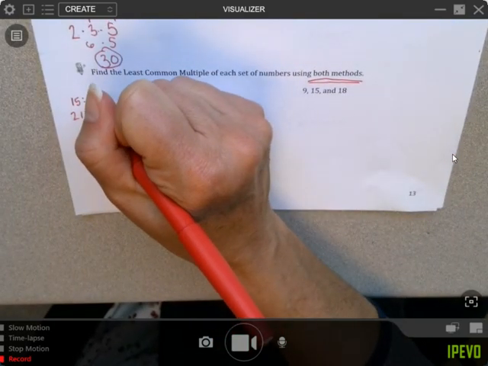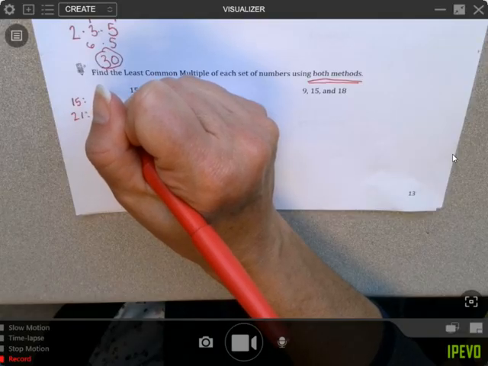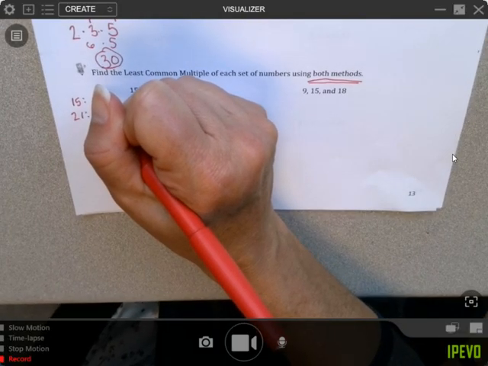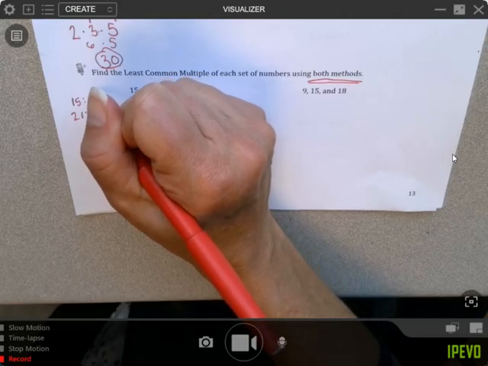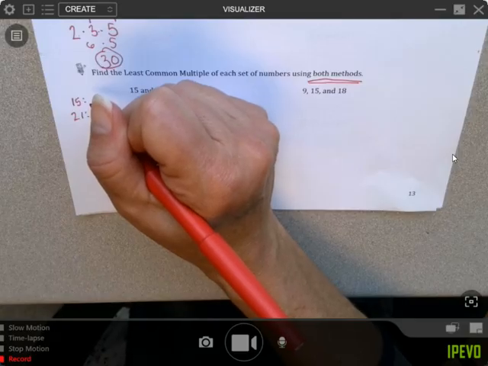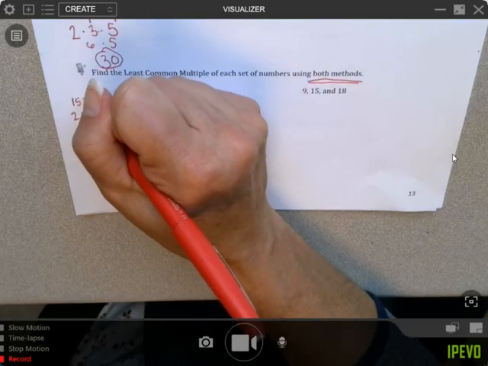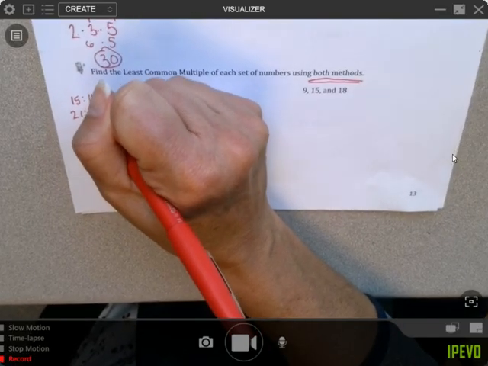What are my multiples of 15? Ruby? No, that's a factor. Multiples. We're skip counting up by 15s. Eleanor? 30. Well, we start with 15 times 1.